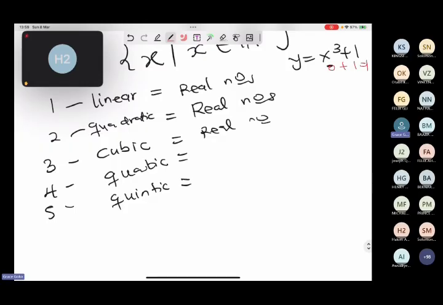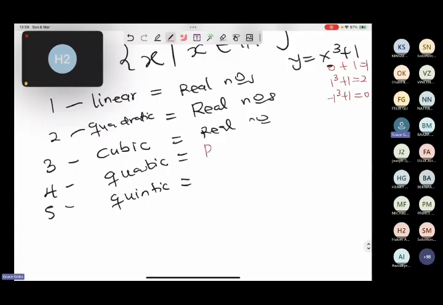Then we test a positive number. We can put 1 in there. 1 cubed plus 1, that is 2. That is real. Then we test a negative number. Negative 1 cubed plus 1 is equal to 0. 0 is real. So all the numbers on the real number line make the function defined. So for cubic, the domain will be real numbers.